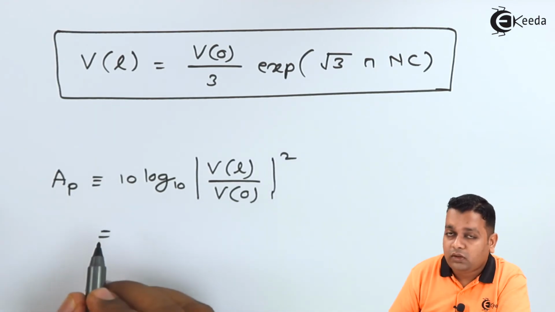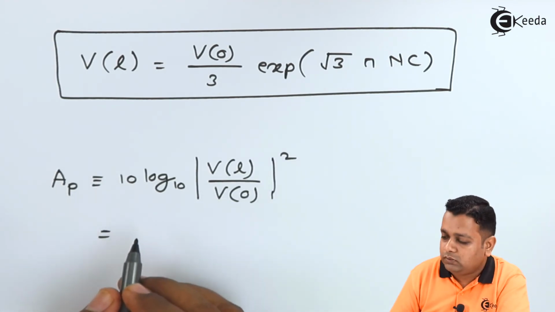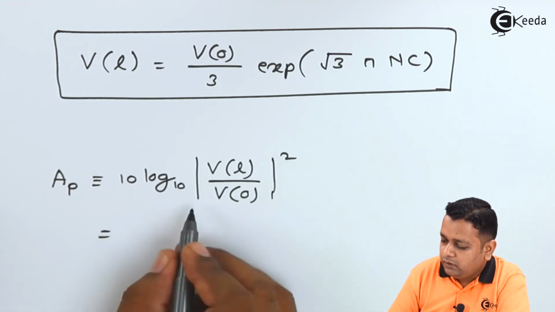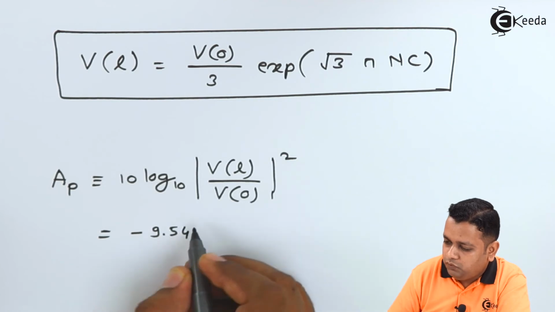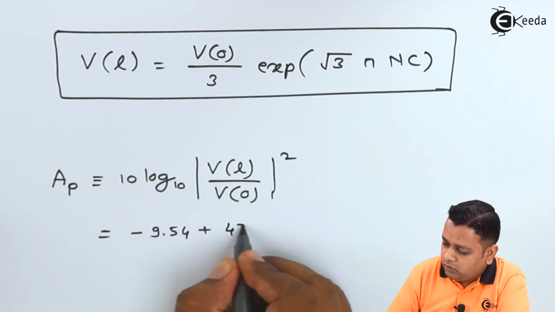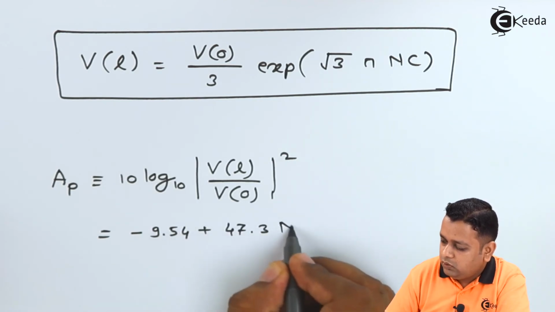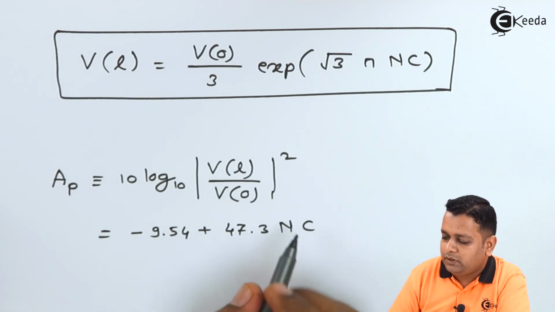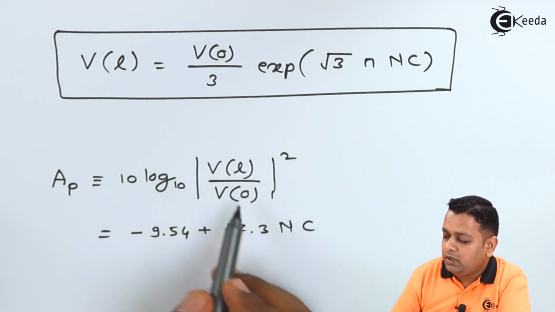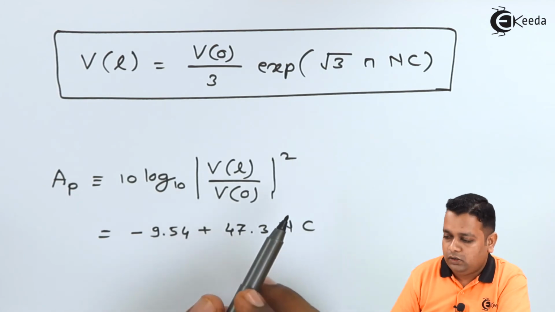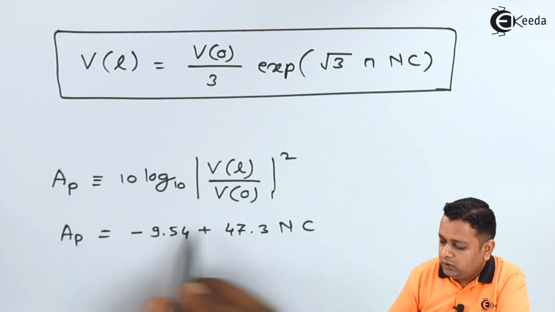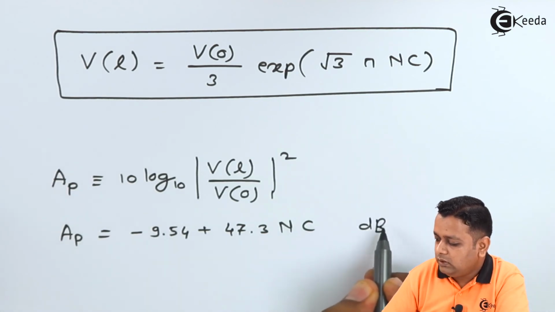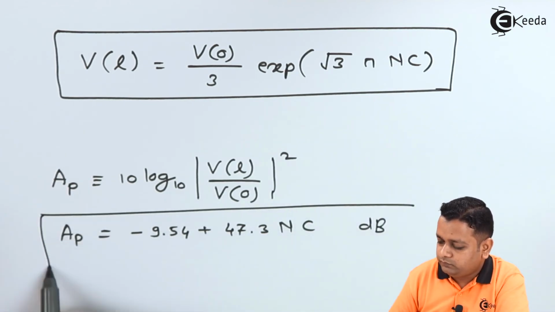And by the next step we again have some simplified formulation, that the calculation gives minus 9.54 plus 47.3 into capital N into capital C after substitution of the numerator and the denominator. So the output power gain we abbreviate here with this simplified formula.